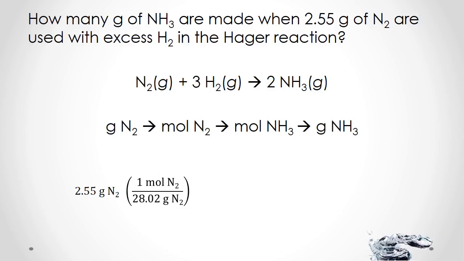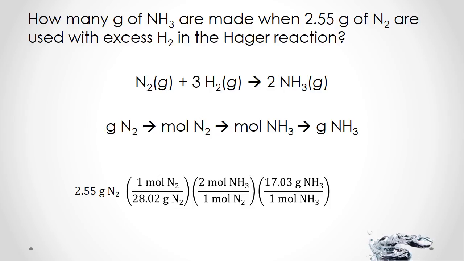Next is to convert from moles of N2 to moles of NH3. From our equation, we're going to put 1 mole of N2 on the bottom and 2 moles of NH3 on top. And that's going to allow us to convert from moles of N2 to moles of NH3. Finally, the last bit of the puzzle is to convert from moles of NH3 to grams of NH3.